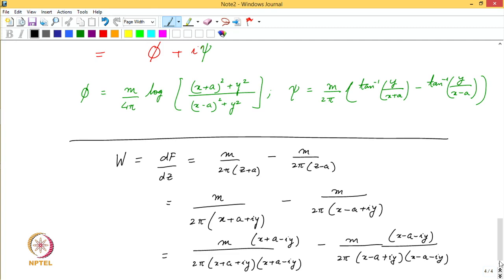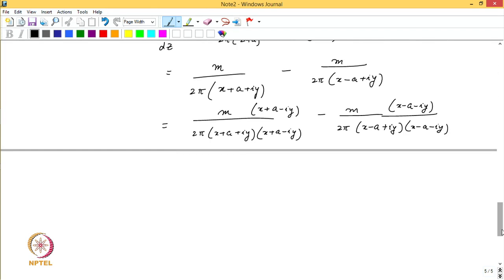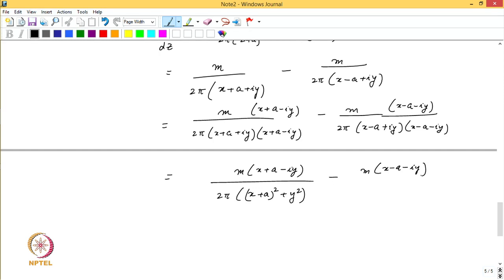Okay. So, to rationalize and ensure that we get the complex number in the numerator, what we will get is m times (x plus a minus i y) in the numerator, over 2 pi times ((x plus a) squared plus y squared), and then minus m times (x minus a minus i y) over 2 pi times ((x minus a) squared plus y squared).